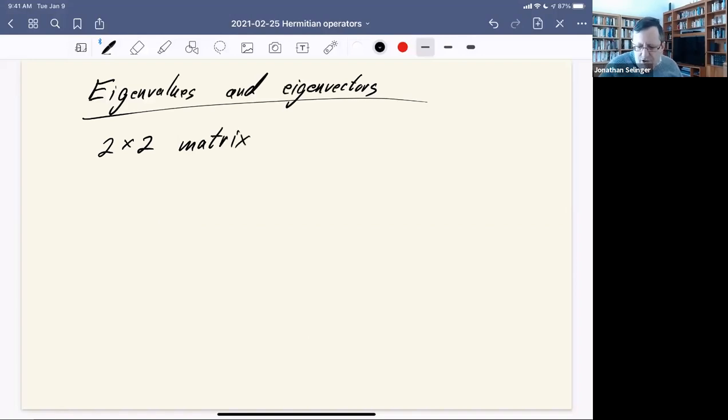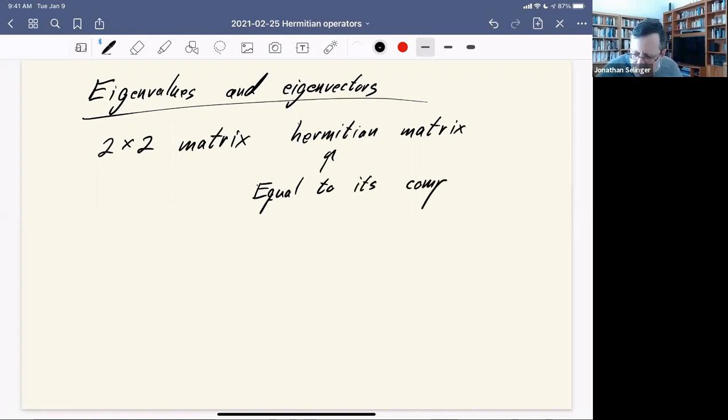Let's suppose it is a Hermitian matrix, meaning that it is equal to its complex conjugate transpose.